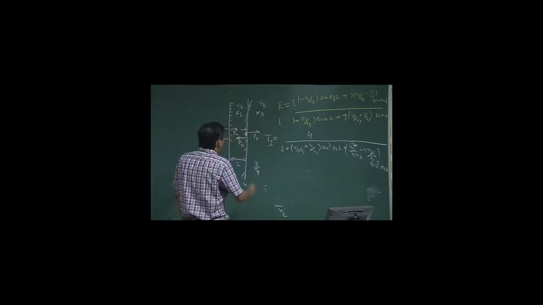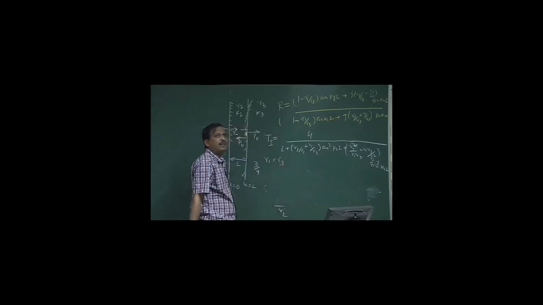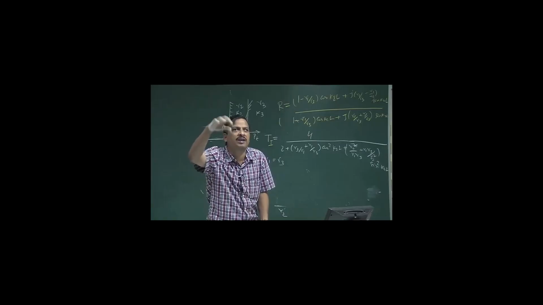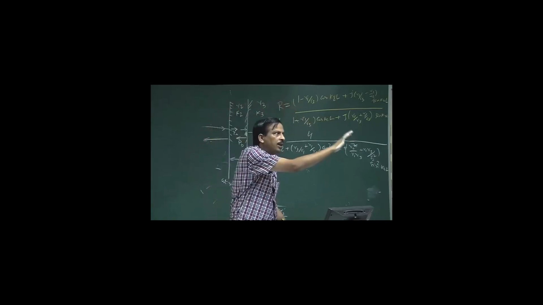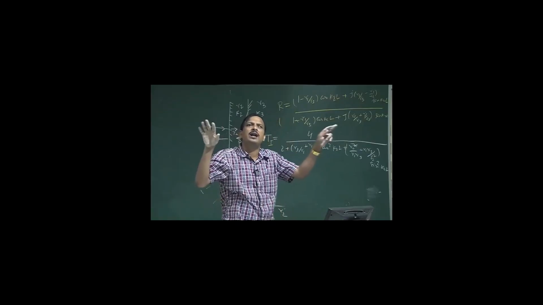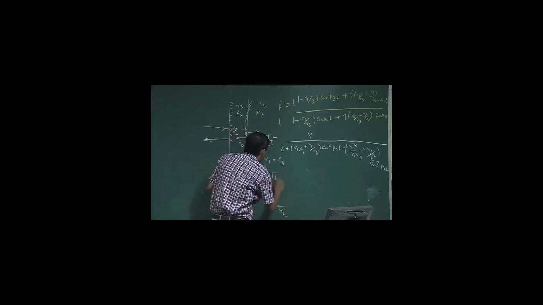Now, if I consider that R1 and R3 are equal, what is the meaning? That means sound is transmitted from the air medium inside this room to the wall, and after the wall there is another air medium. Let the two air media be the same, that means R1 is equal to R3. Then what will TI be?